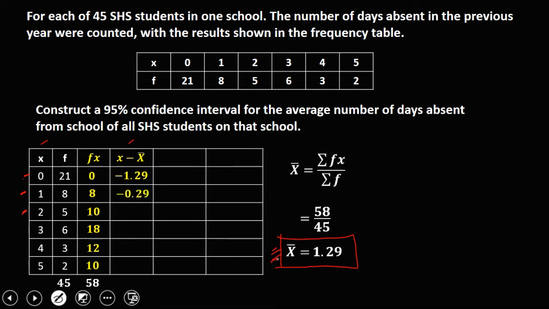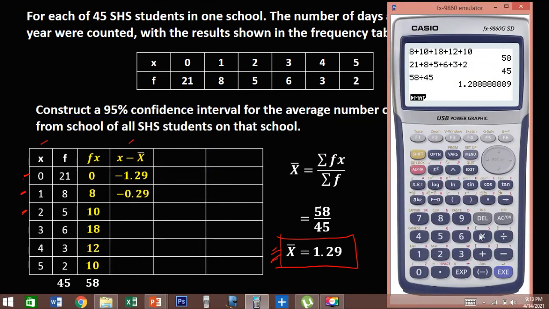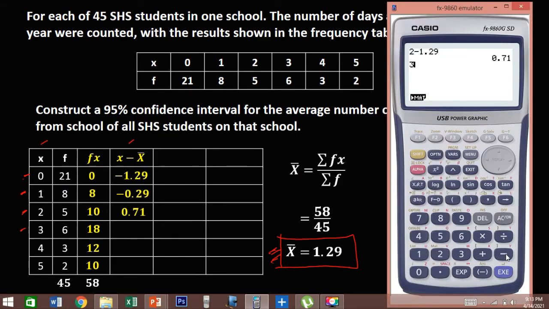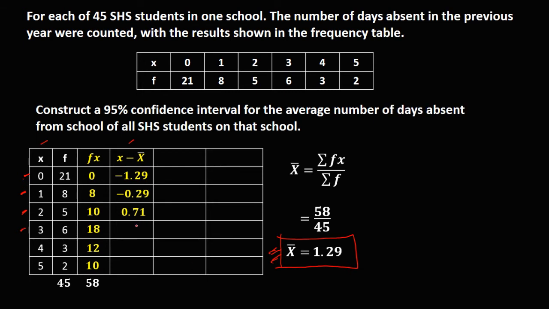2 minus the mean, so 2 minus 1.29, it's 0.71. 3 minus the mean, so 3 minus 1.29, that's 1.71.